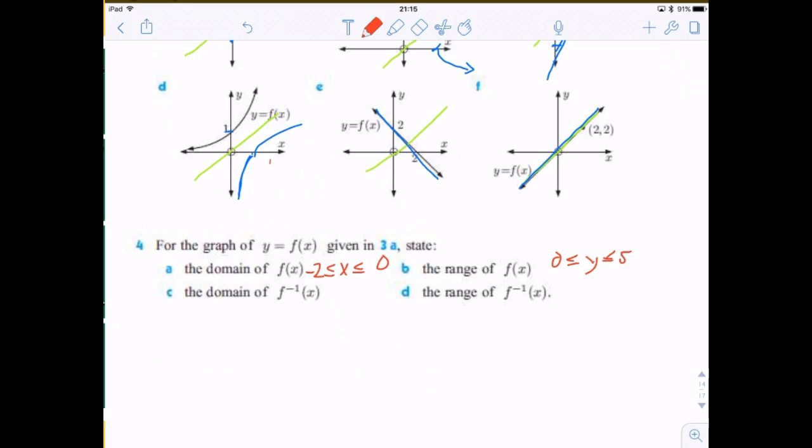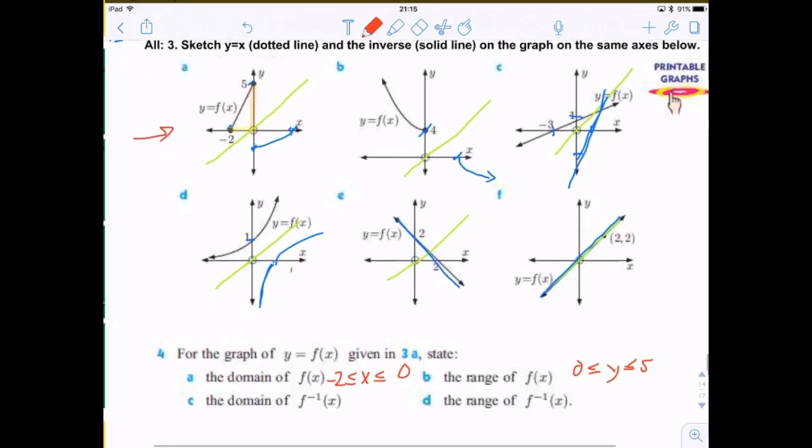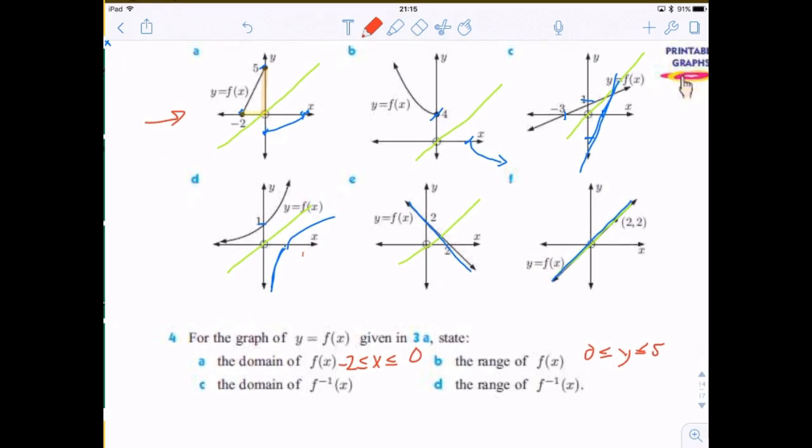Okay, and then C, the domain of inverse of f of x. Let's see. Inverse f of x is this blue function here, right? So what is the domain of that function? Well, looks like it is 0 to 2, right? So I'm going to put 0 to 2.